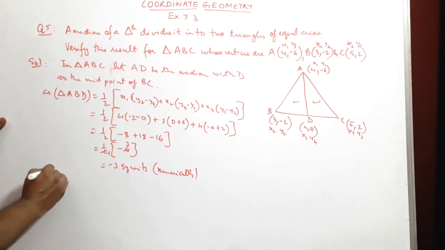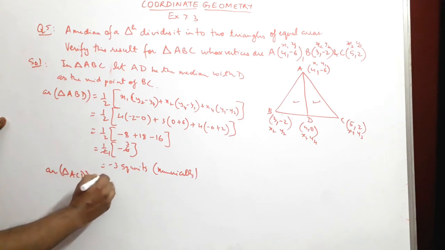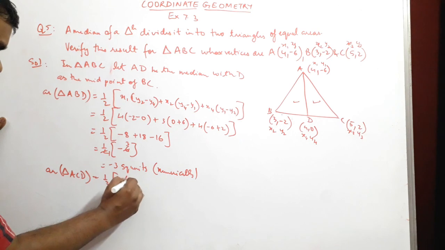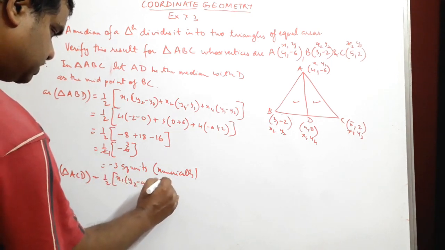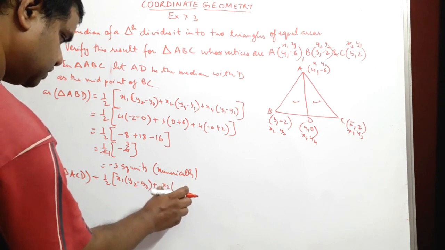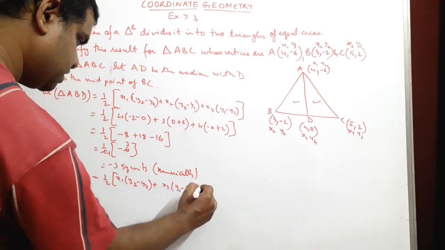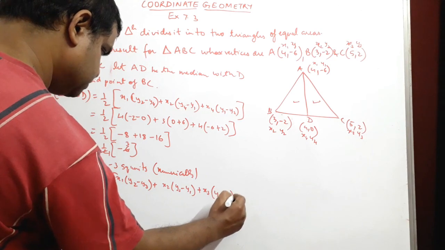So we'll take over here area of triangle ACD, and once again we write the same formula, x1 into y2 minus y3 plus x2, now brackets here, y3 minus y1 plus x3 y1 minus y2.